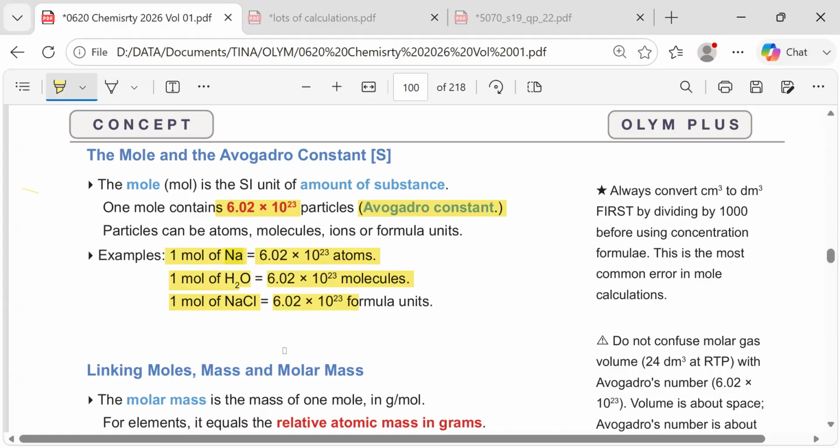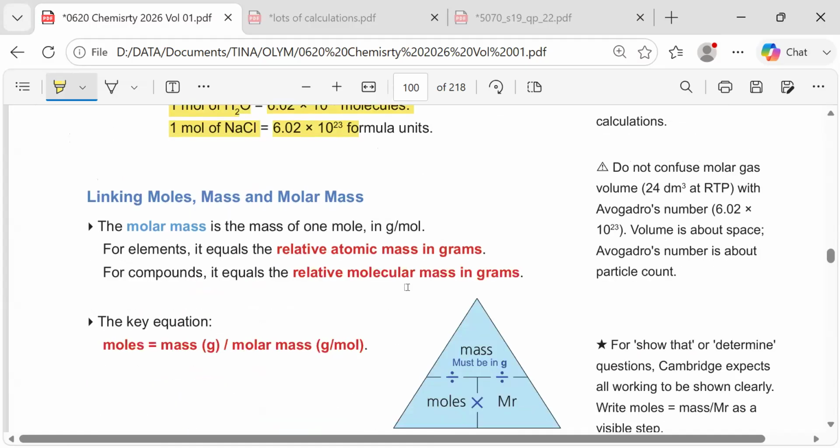So as long as I have that many mole, that mass is equivalent to molar mass. For example, carbon is 12, has no meaning. But if I have 1 mole of carbon, now suddenly it is 12 grams. Got meaning already.